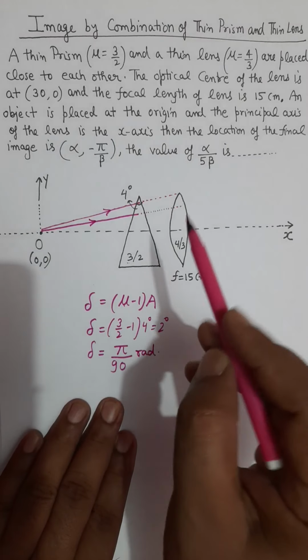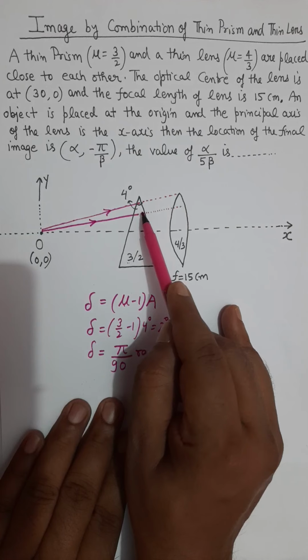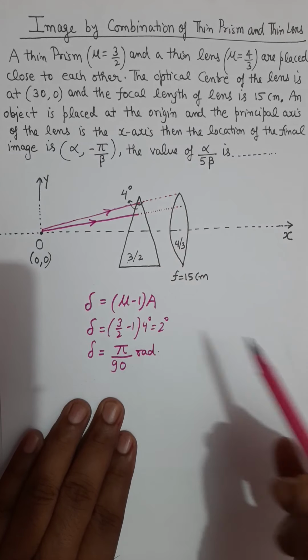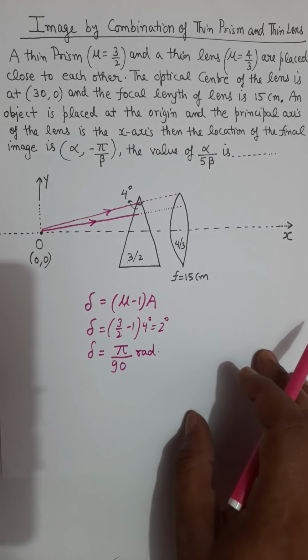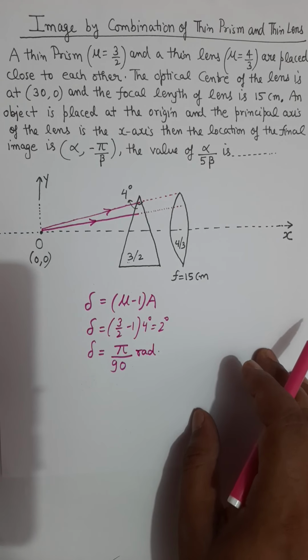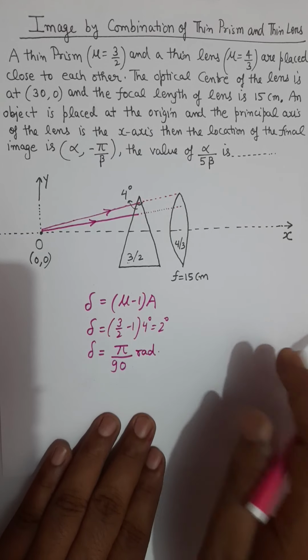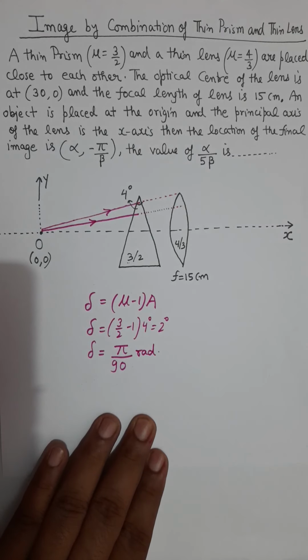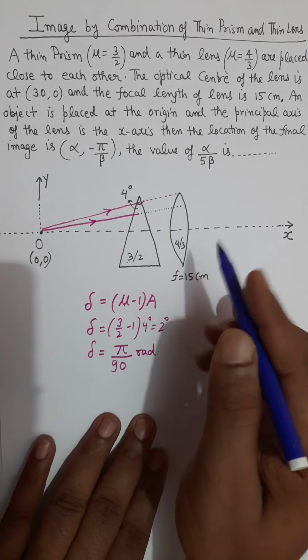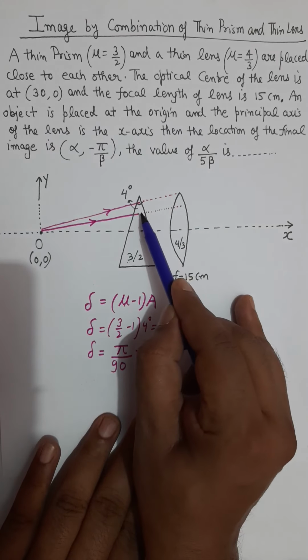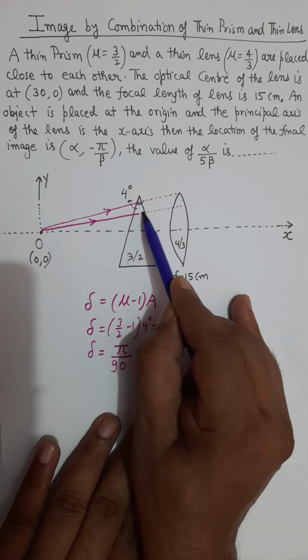Now notice that the deviation is very small. If you check, the deviation is just 2 degree. That's not a very large deviation. So now a little bit of approximation will be used here.